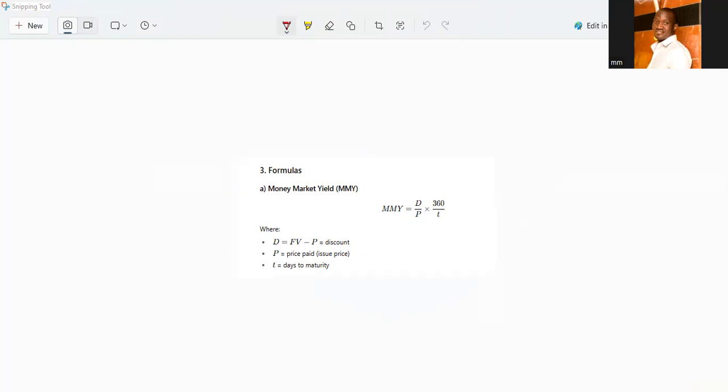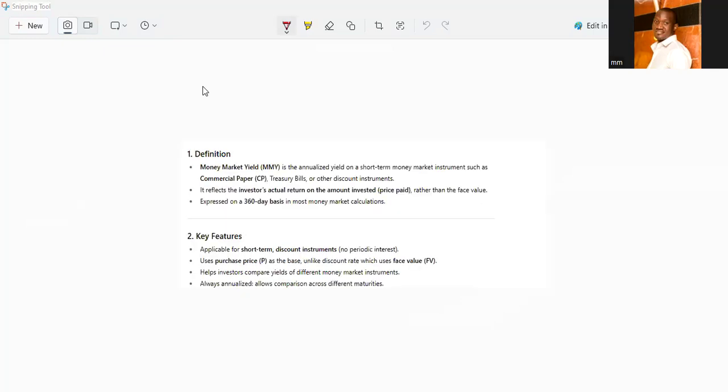Now, just to explain what the money market yield is again, for those who missed it: money market yield is simply an annualized percentage, an annualized yield on short-term money market instruments.